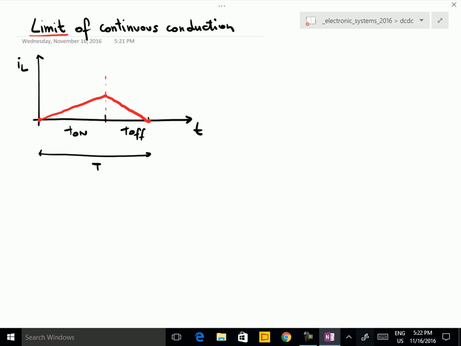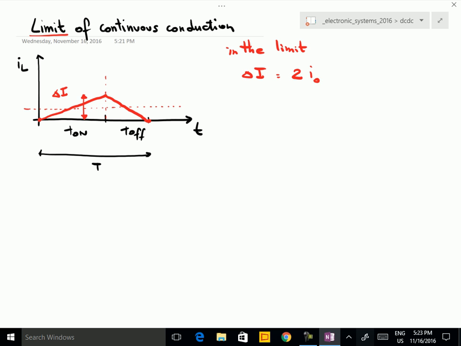We can compute this limit, because of course we know that the quantity that we have called delta I, in the limit, is equal to 2 times the output current. So this simple expression can tell us what the limit is.